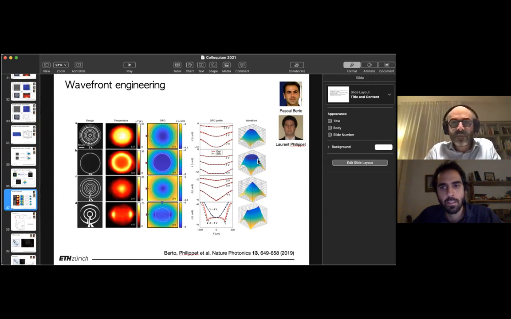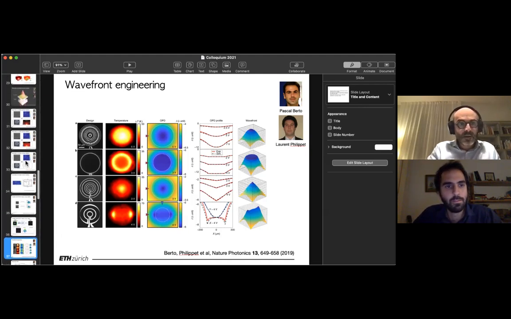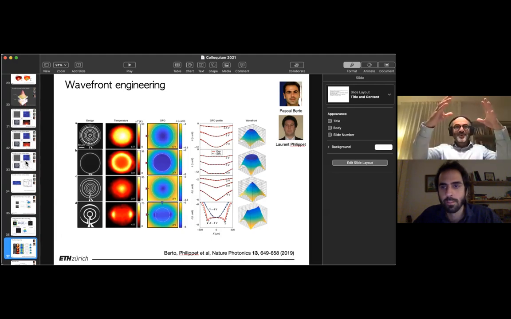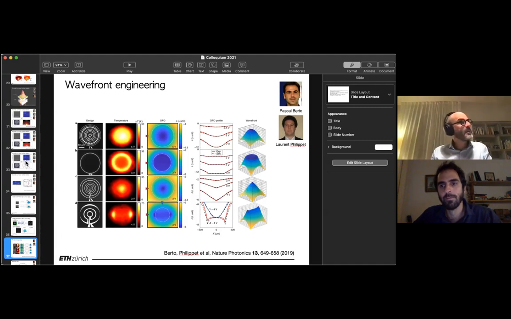So it's a bit more difficult here because of the following reason. When you have them arranged in an array, because heat diffuses, you're going to have some crosstalk between adjacent pixels, and eventually it will limit the accuracy with which you're able to control them. So there is a solution we're trying to think about, to have this collective response.